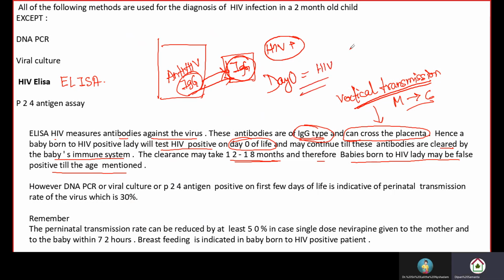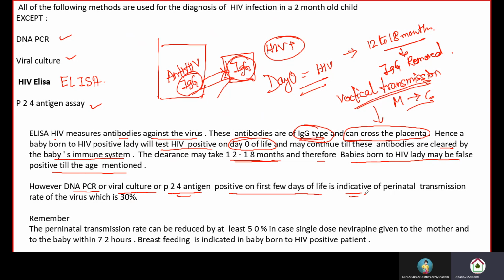But after 12 to 18 months, this IgG will be removed. However, DNA PCR, viral culture, or P24 antigen positive in the first few days of life is indicative of perinatal transmission, the rate of which is 30%.